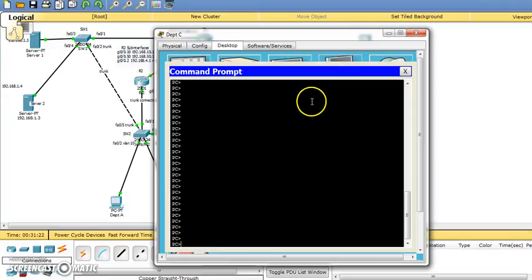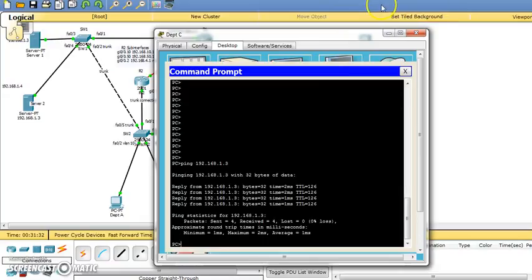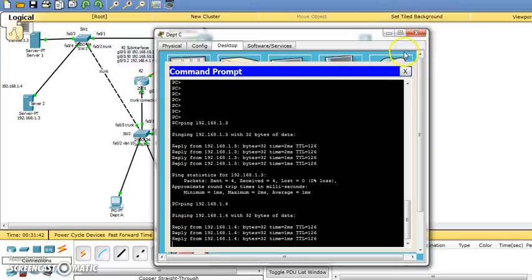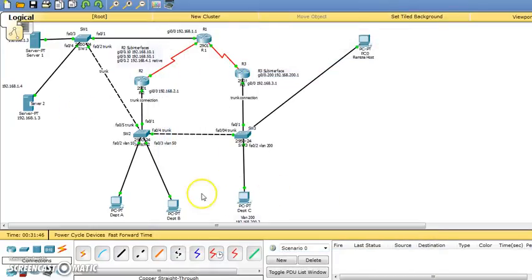And also Department C, to show that it can ping the servers as well, and server number 2. And that shows that each department can ping the servers.